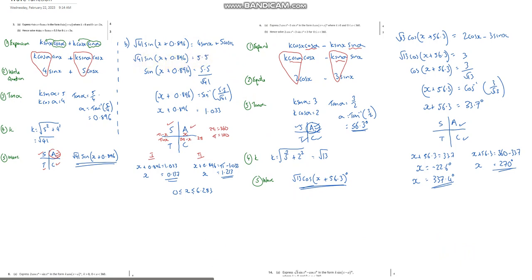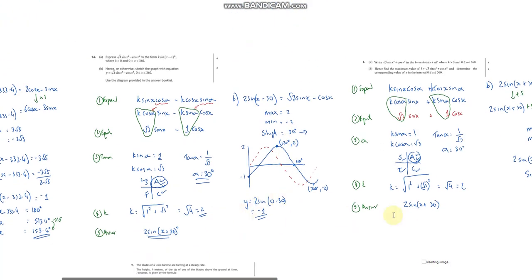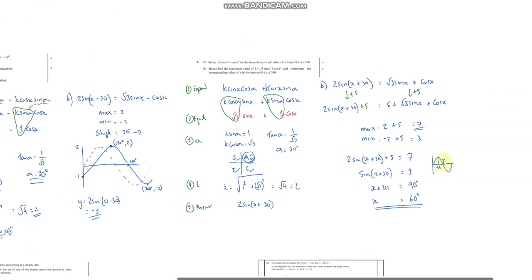When does your function equal this number? The max and min one is putting equal to the maximum or the minimum value. It's exactly the same. So if anything, the max and min is easier because you don't have to worry about your CAST diagram. You just have to visualize your graph. So if you visualize your graph and say, well, if I do shift sine, it's going to be this point. Simple as that. Same for cos. Well, where's cos minimum?